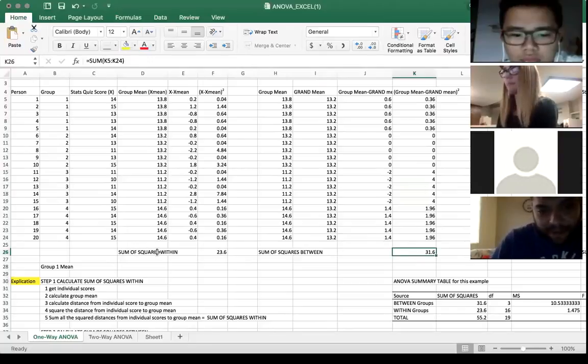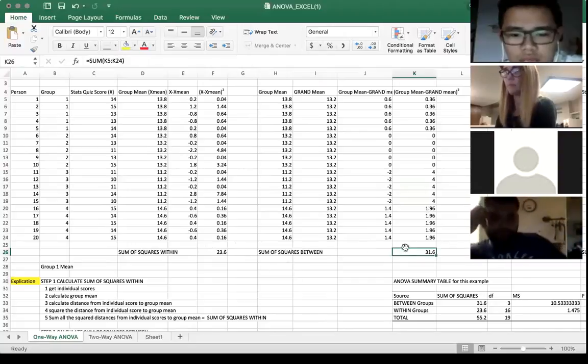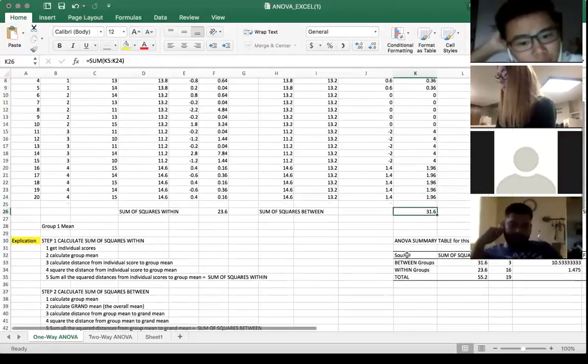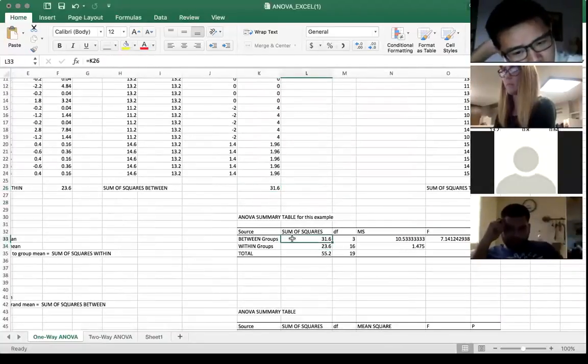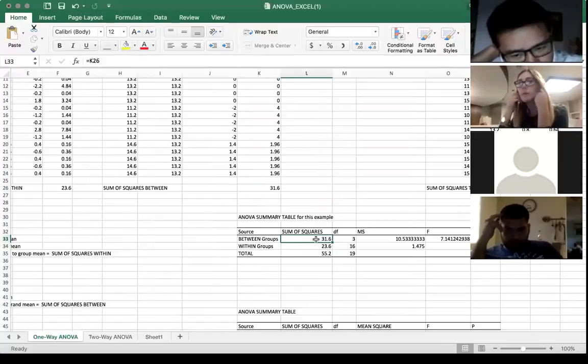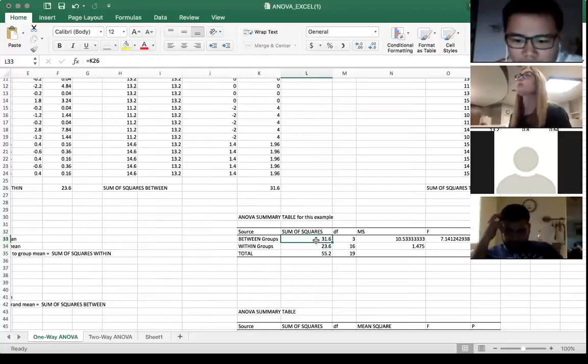So the sum of squares within is a measure for within variation. Sum of squares between is a measure for between group variation. And we plug that into our table here. Between groups goes in the sum of squares between. Right. So here is now the tricky part.